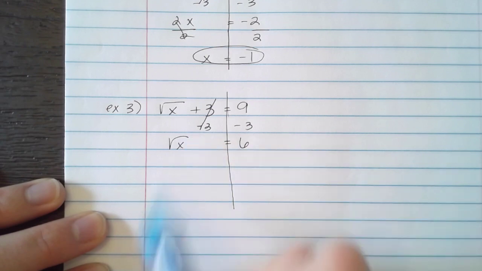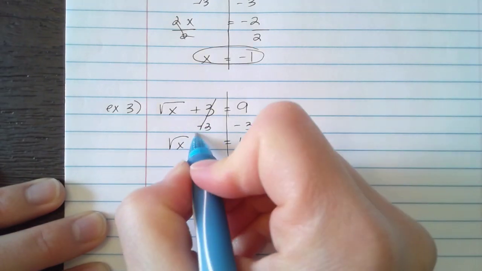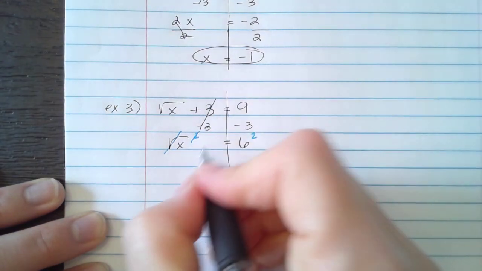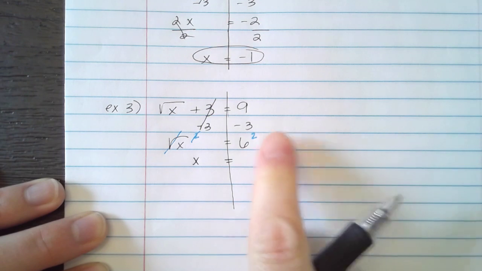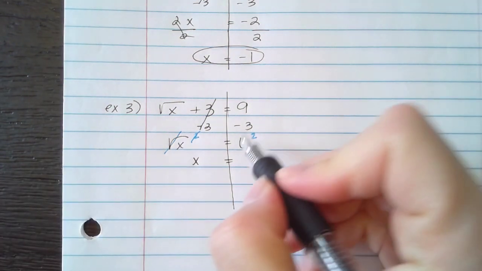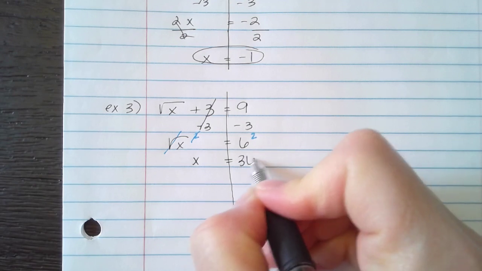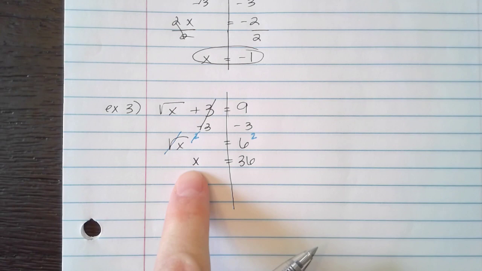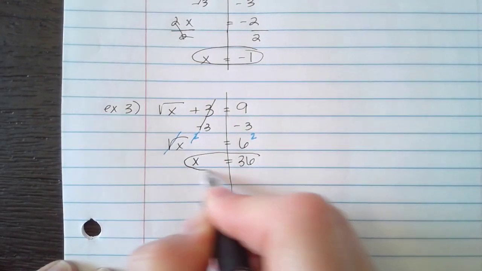I got the square root by itself. Step 2 is to square both sides so that the radical will cross out or will undo itself. And I'm left with x over here. But that squaring didn't get rid of anything, so we do have to use it. 6 squared is 36. And then it says solve like normal, but I'm done. I've solved it. X is by itself, and I'm all done there.